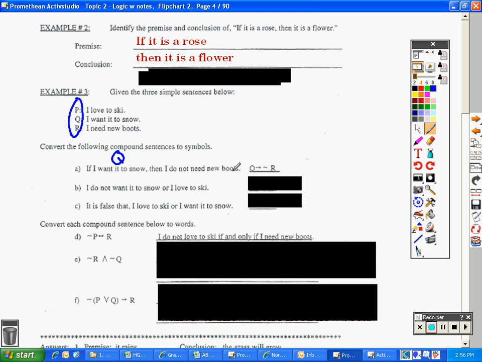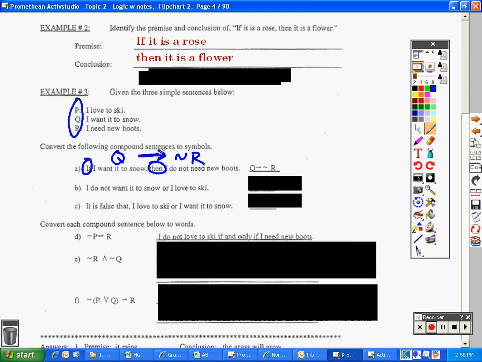Well, we are told that R means I need new boots. So what we want to say is the opposite of R. And we want to link these 2 simple sentences together with the symbol that means if, then. And we learned on the other page that that symbol is an arrow.